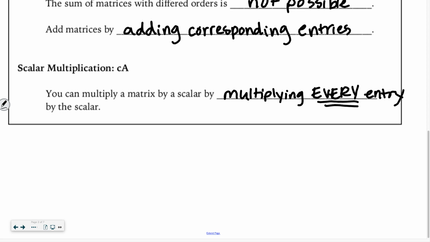So I often think about scalar multiplication just like basic distribution. If I'm going to do 2 times matrix A, I have to multiply 2 by every single entry in matrix A. So it affects all the entries.